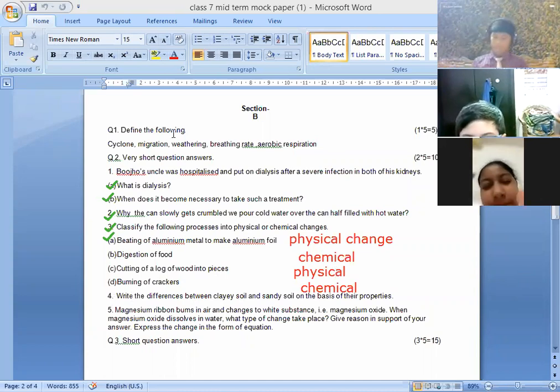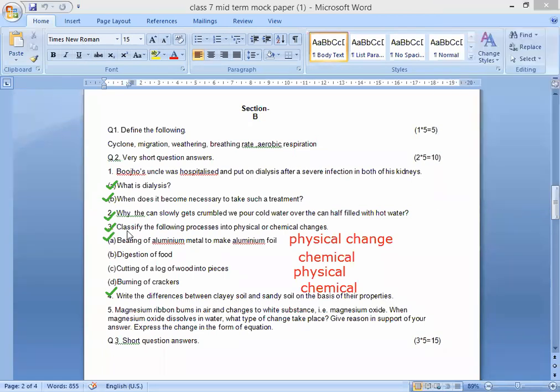Question number 4. Next, write the difference between clay and sandy soil on the basis of their properties. Raise your hands. Yes, Kavya Thakur.